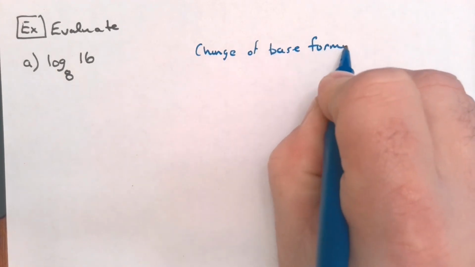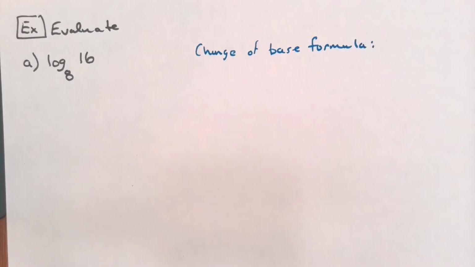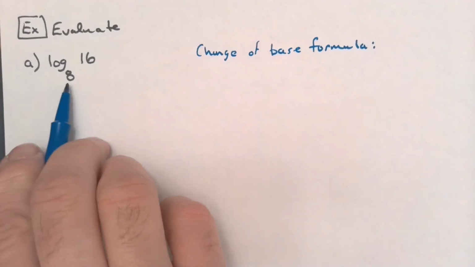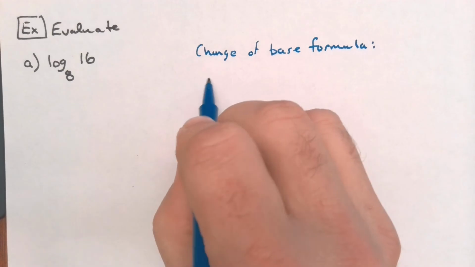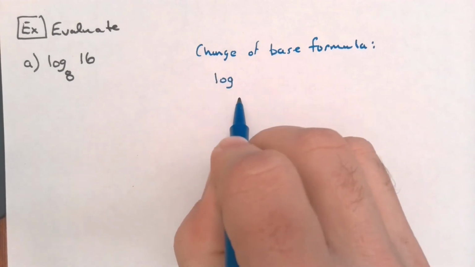We only have a log base 10 button on our calculator to work with, and we need log base 8. So we need to somehow change the base so that we can use that button. And here is what the change of base formula says.